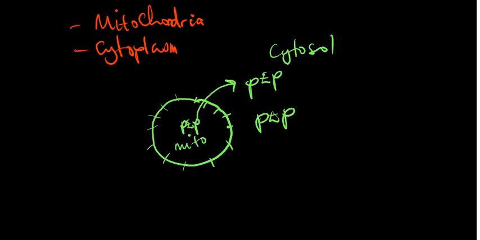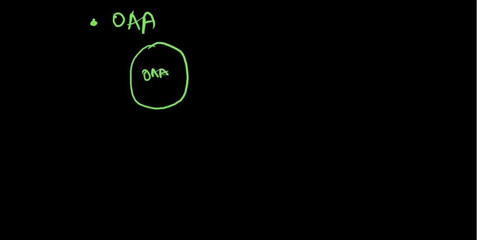So there are two procedures that we're going to talk about. Point 1 is that oxaloacetate is unable to directly cross the membrane. Remember it was formed through carboxylation, and it cannot go outside in its form. It needs to be converted to something else so that it's able to go out of the mitochondria.